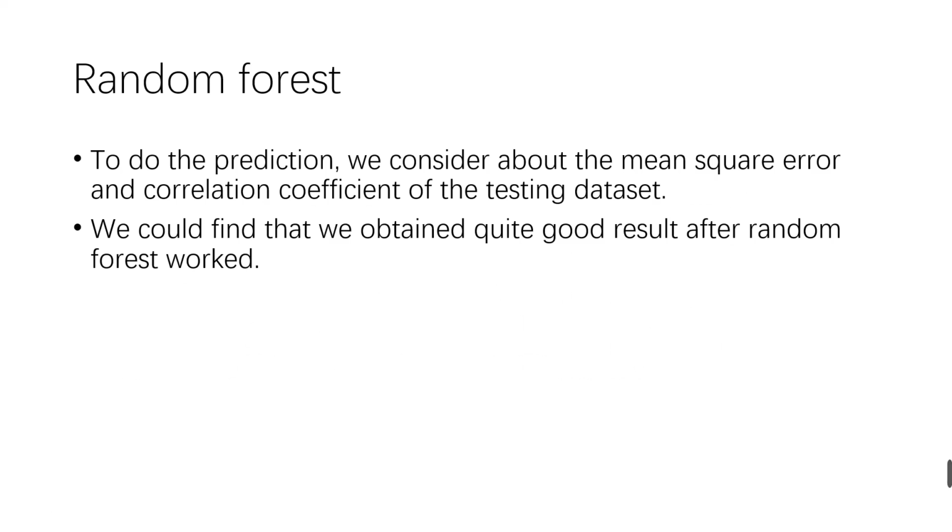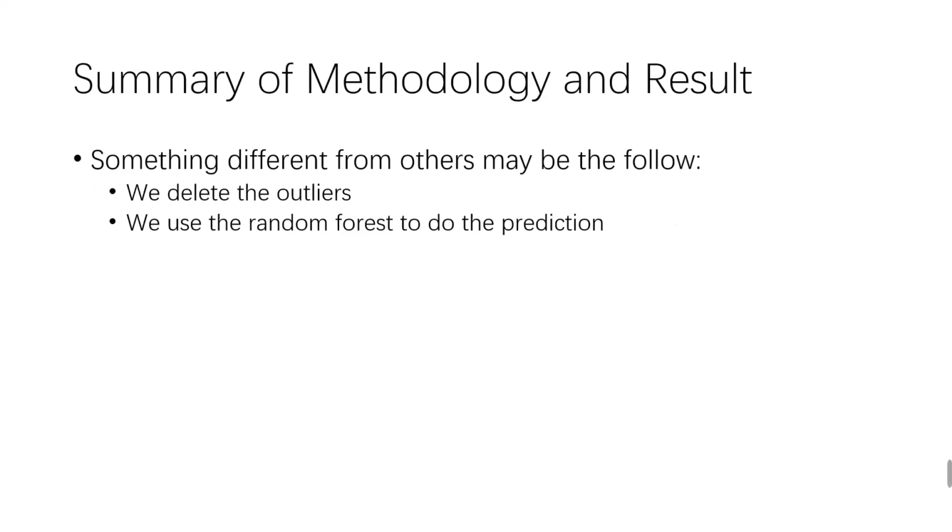To do the prediction, we consider the mean square error and correlation coefficient of the testing data set. We could find that we obtained quite good results after the random forest worked. And then here is a quick summary of the methodology and result.